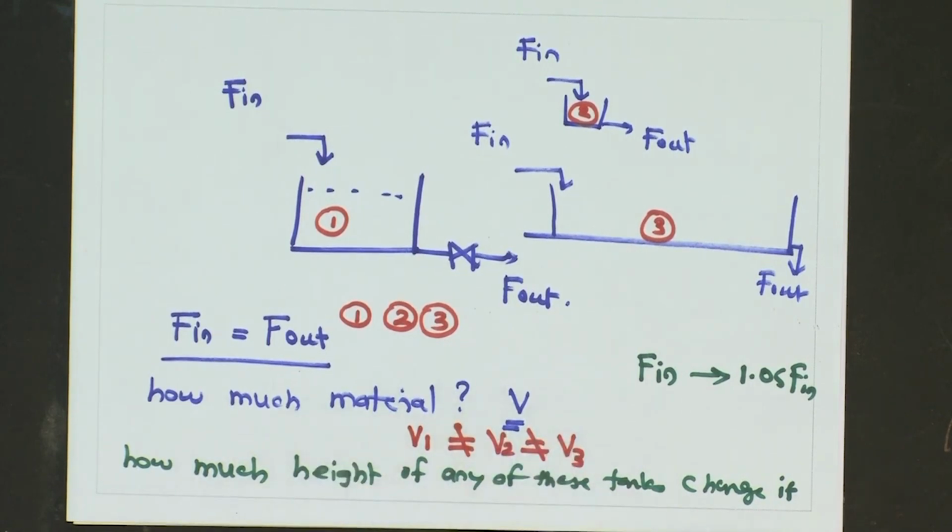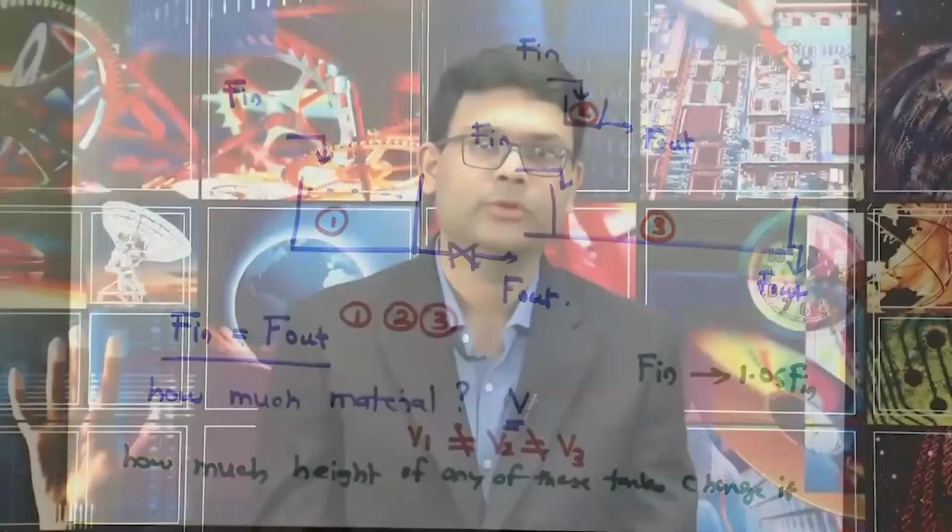In all the 3 cases, over time all the 3 tanks would overflow. So when we ask how much the height of any of these tanks changes, it will be by the same amount till all the tanks overflow.